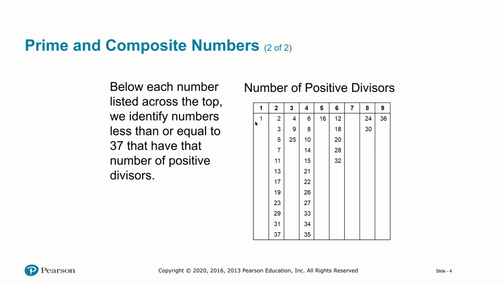Here we have a table that actually takes quite a bit of time to develop, because for each number that you see on the top, these are the numbers less than 38. When I say between 1 and 38, that does not include 38.